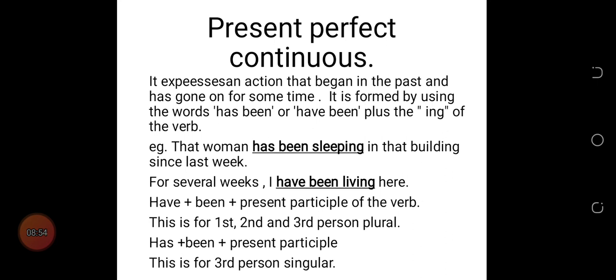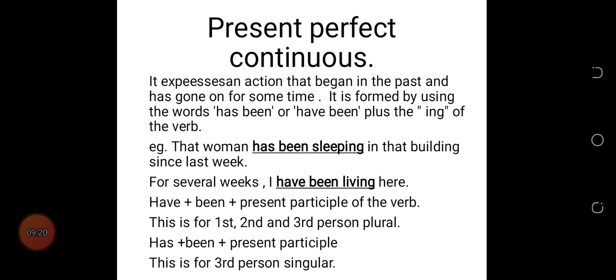Then we also say that when we use have plus been, this is for the first and second person singular and the third person plural. When we have has plus been and then the present participle, this is for the third person singular.